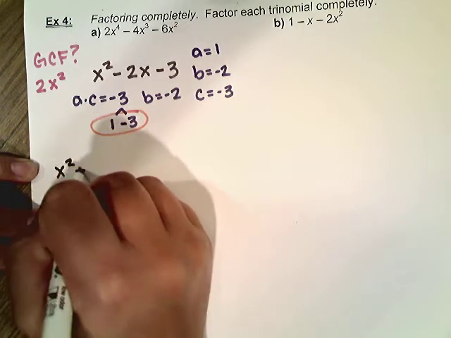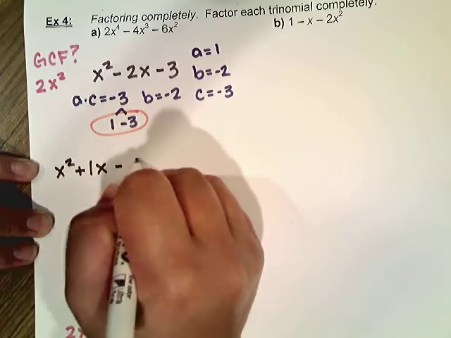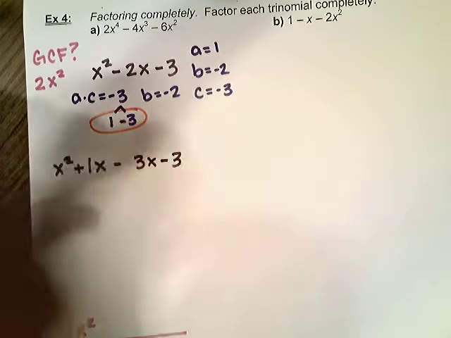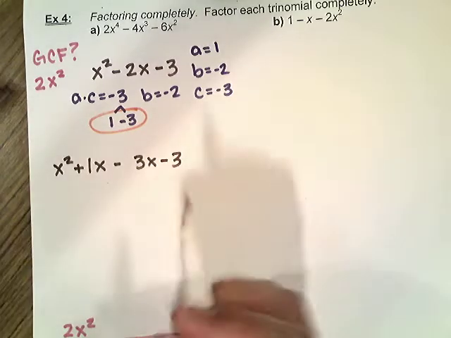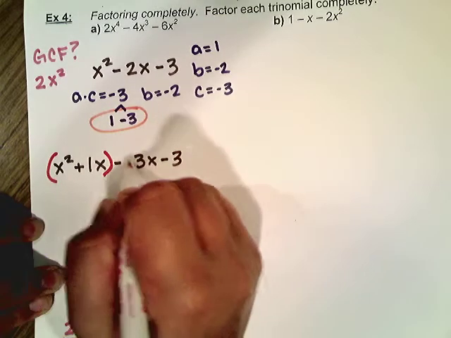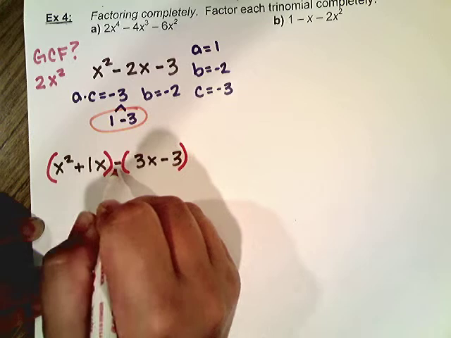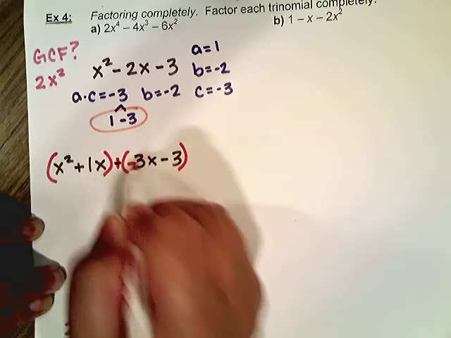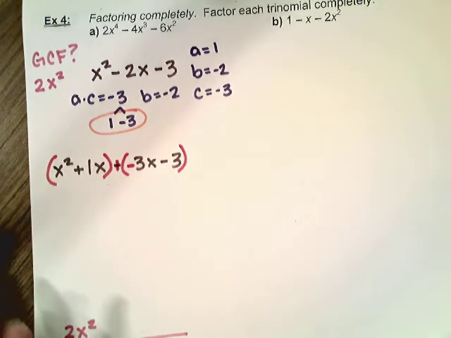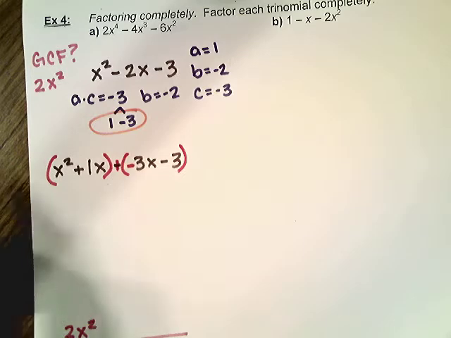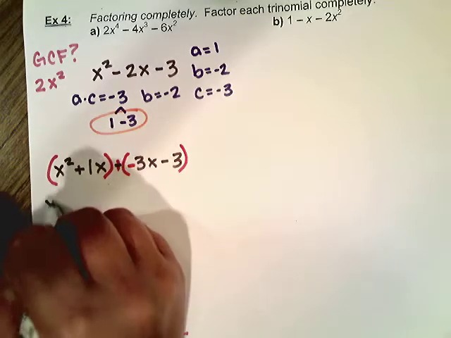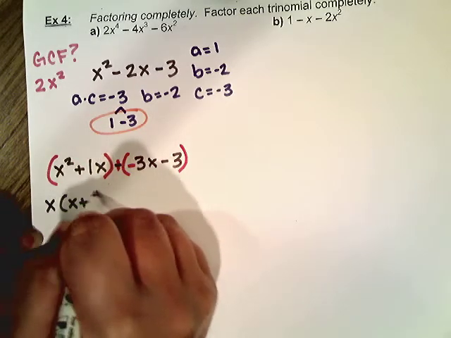X squared plus 1x minus 3x minus 3. In our 4-term polynomial, we factor by grouping. And again, because there's a negative in the middle, we add and we move the negative towards the 3x. The GCF of our first group is x, and we're left with x plus 1.